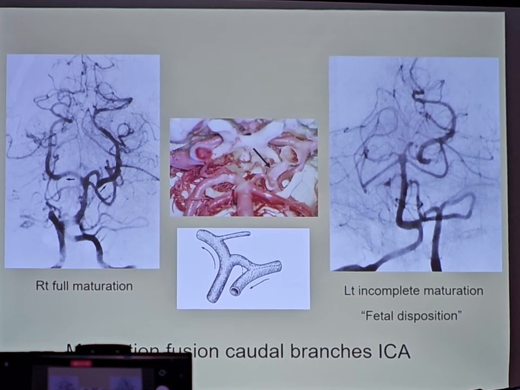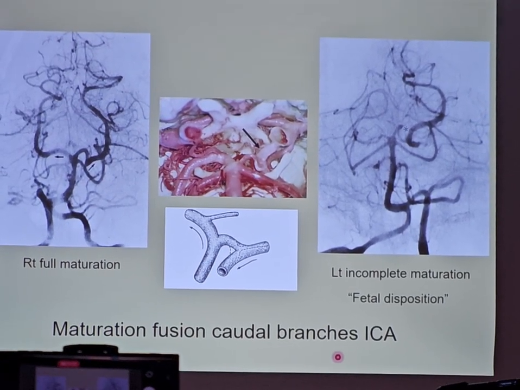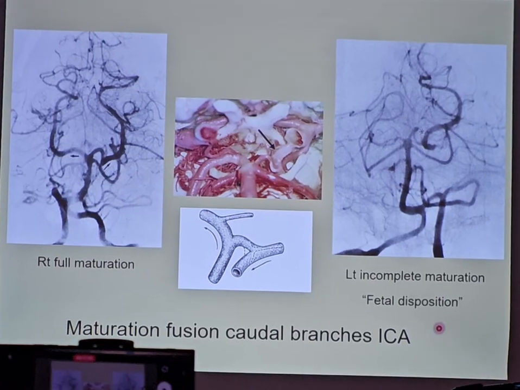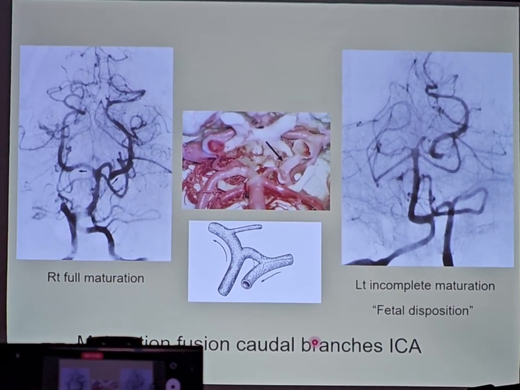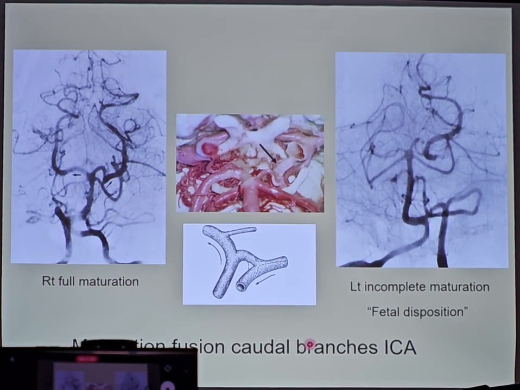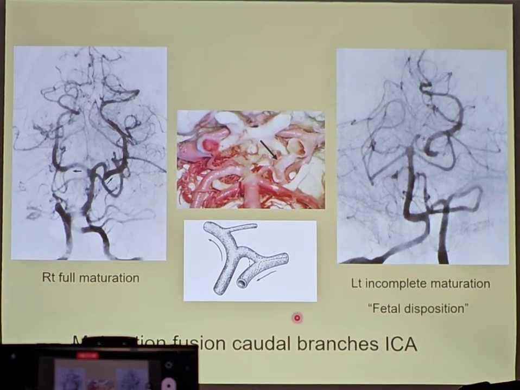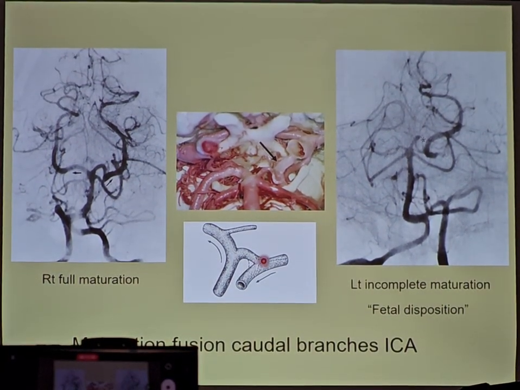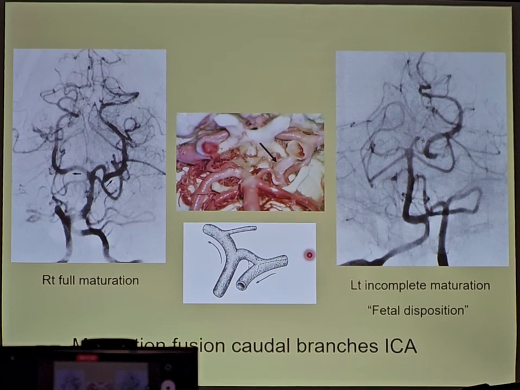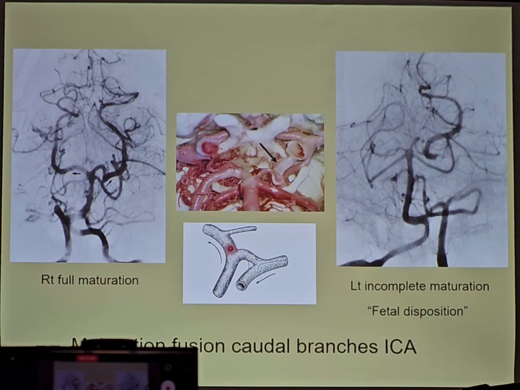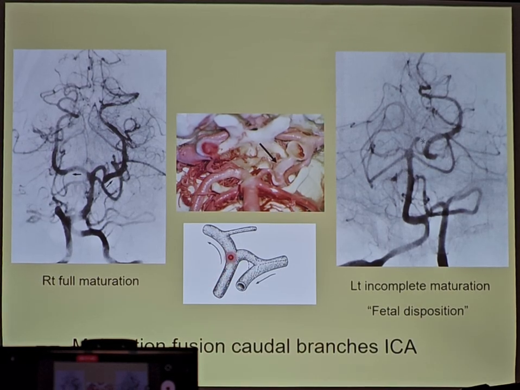Now the maturation of the caudal divisions of the internal carotid artery results in an appearance of this area that is also changing in time, and maturation can occur. So originally the blood is flowing from the internal carotid arteries to the pilon segment down, and then later on this process will be reversed, and you will see the flow coming from the basilar artery up.